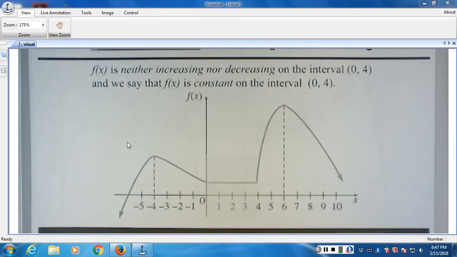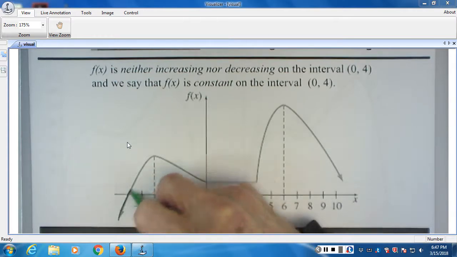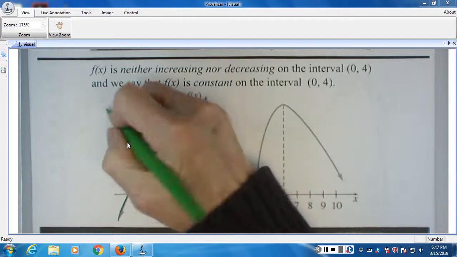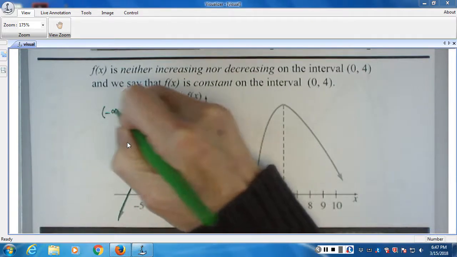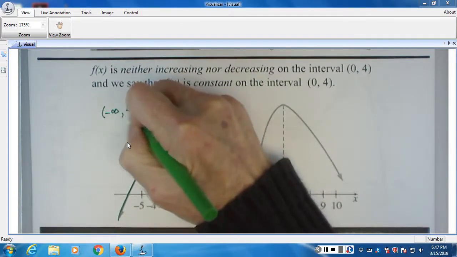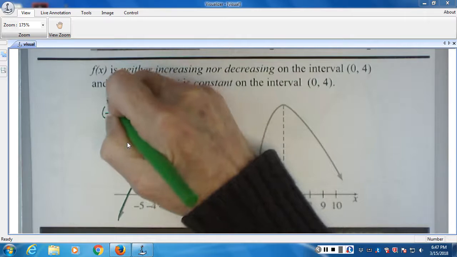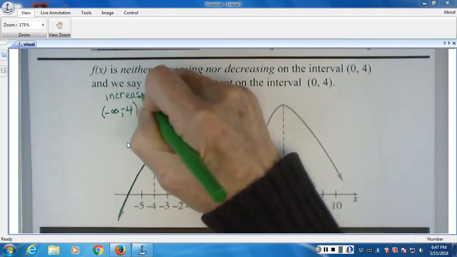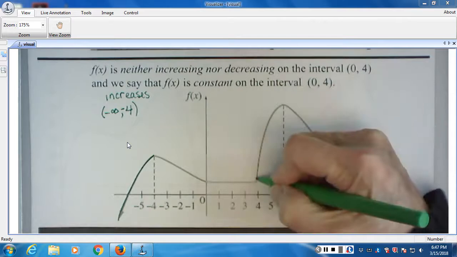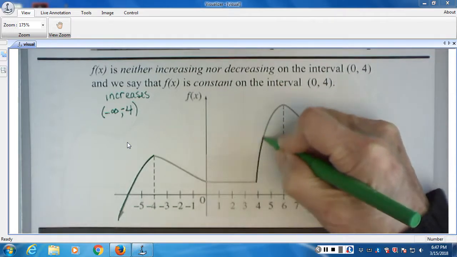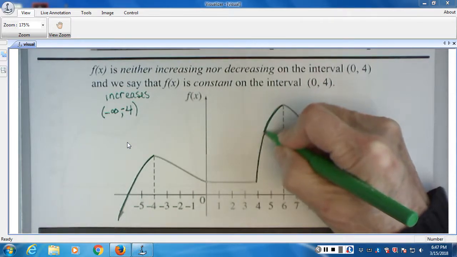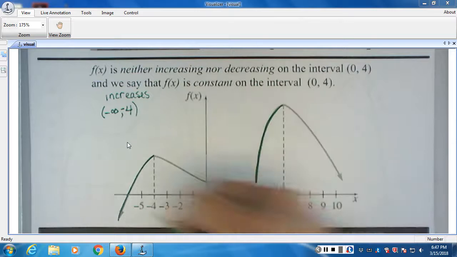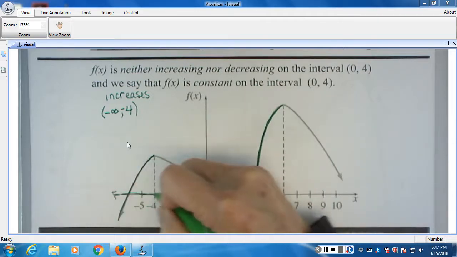So I'm going to use green to mark where it's increasing. That means that's this part.